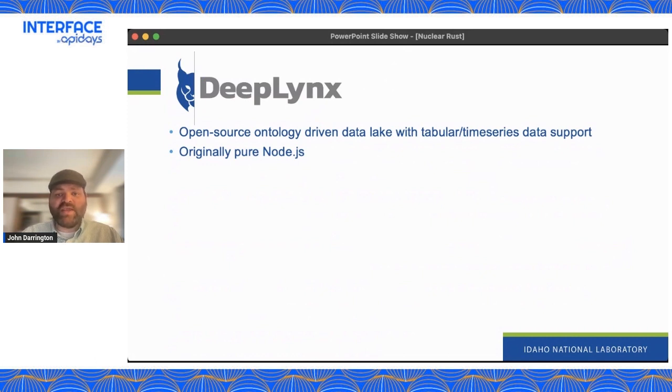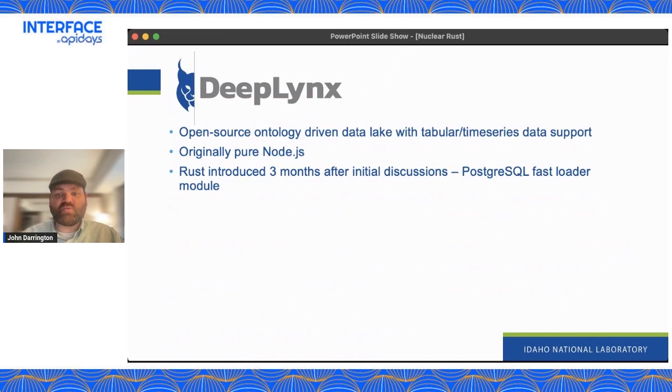And so we introduced Rust into it 3 months after our initial discussions, by building a loader for taking tabular data and loading it into Postgres concurrently and more quickly. And we got up to loading something like a 1 million row CSV with 15 columns of 64-bit numbers in something like 1.3 seconds.